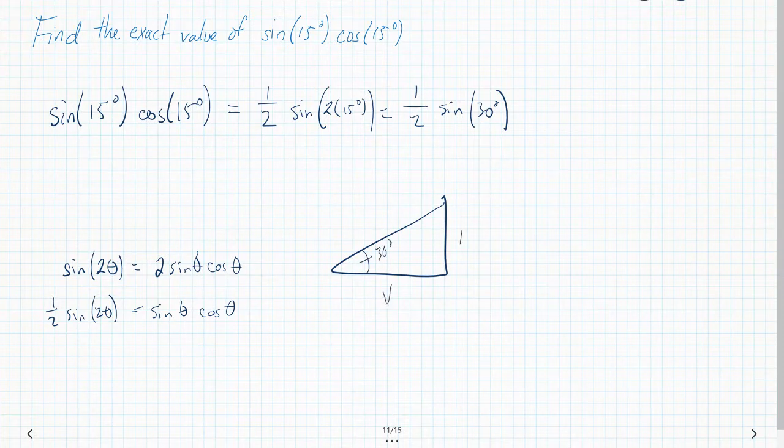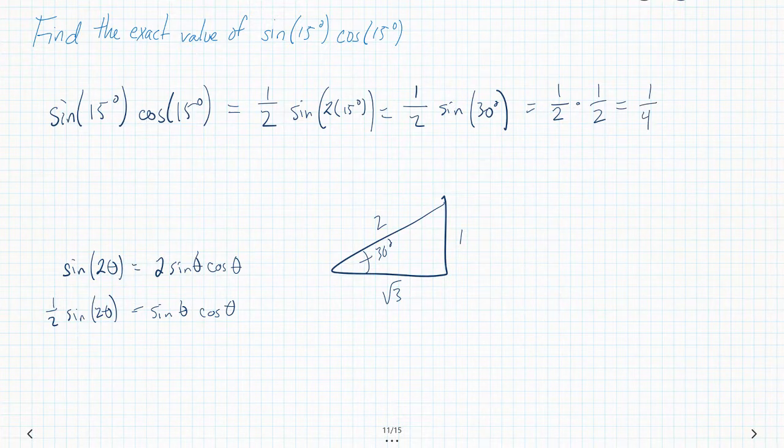So this is a 1, square root of 3, and 2 triangle. So this is going to be 1/2 times 1/2, because sine of 30 degrees is 1/2. So this is 1/4, and you're done. All we do is find the right trig identity to work with, and not saying this is the only one, but it's probably the most convenient in terms of what happened.